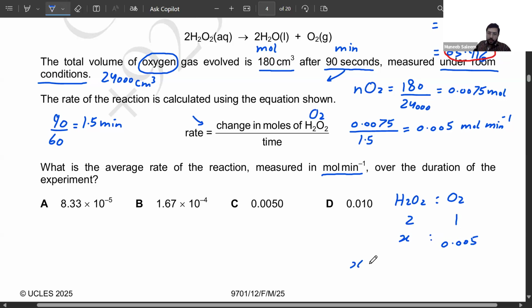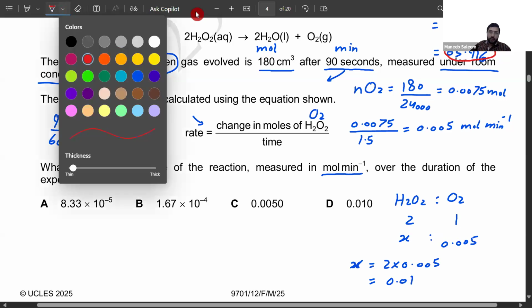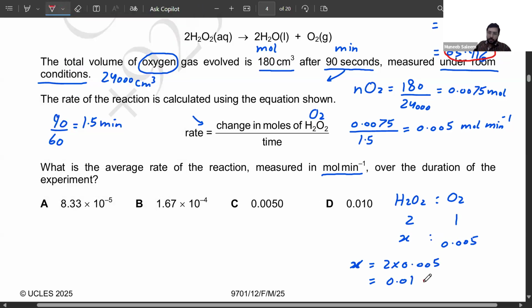So X will then be equal to 2 times 0.005, that is equal to 0.01 moles per minute. So that's your final answer. That's option D, the correct answer.